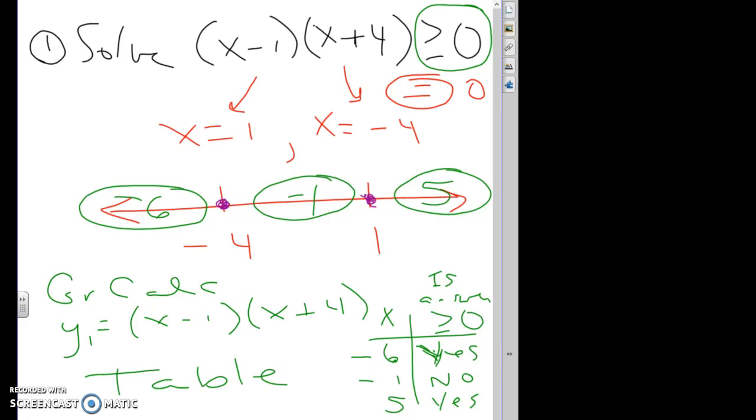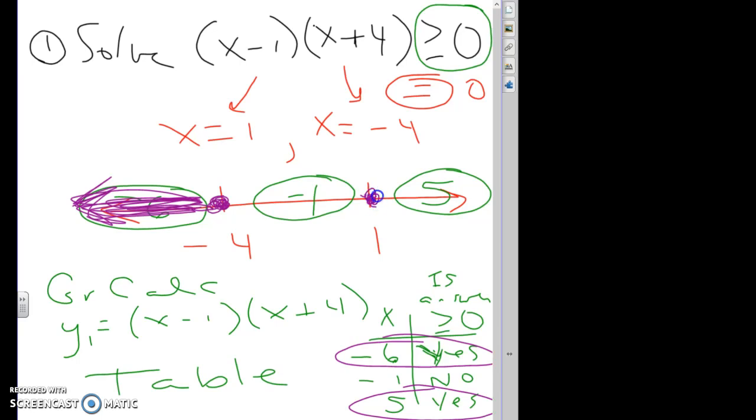Now for the sections that said yes, you go back up to the number line and shade the yes sections. So we're shading this section, and remember, this was a solid dot right there. And we're shading where the 5 came from, over here.